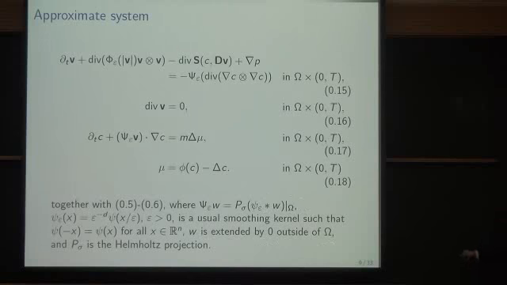To consider the convolution, w is extended by 0 outside of Ω, and then restricted to Ω. Then one takes the Helmholtz projection, which projects vector fields to divergence-free vector fields and which is bounded in L^p. So we consider this regularization kernel, and here we also add another regularization term.